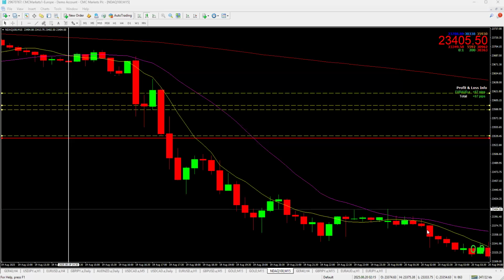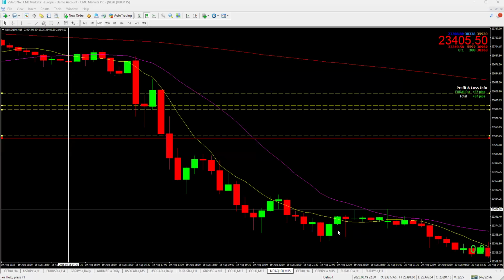Okay, so I suppose another way to know whether the price is going to continue dropping or reversing would be employing price action techniques, because this is primarily an indicator-based technique.